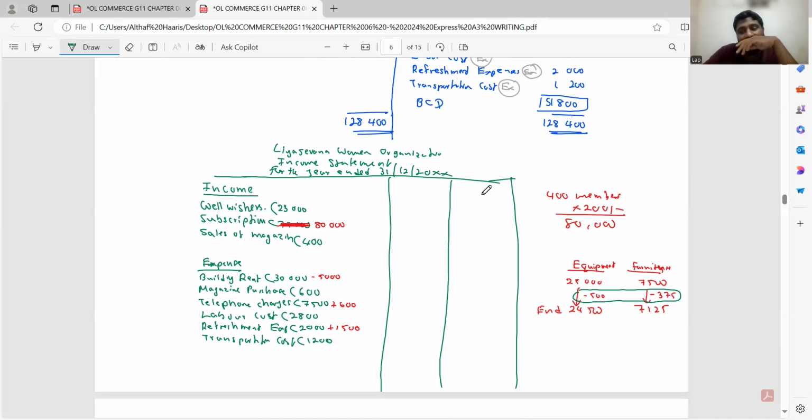Both have been reduced. Why? That is because of the depreciation.